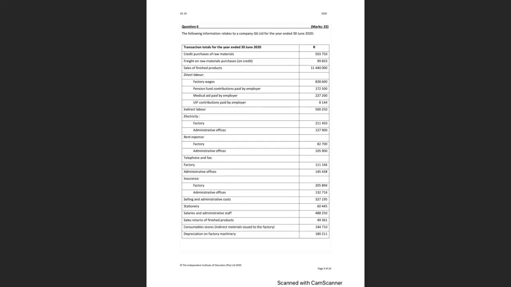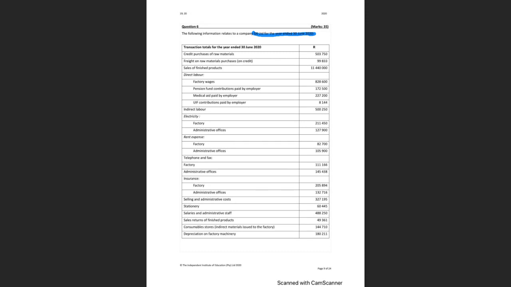So question 6 is based on pretty much the same thing that we had seen in the previous 2021 paper. Together your two financial statements, a production statement and the trading statement, as well as the note to these statements. So they've said to you the following information relates to company G6 Limited for the year ended 30th June 2020.